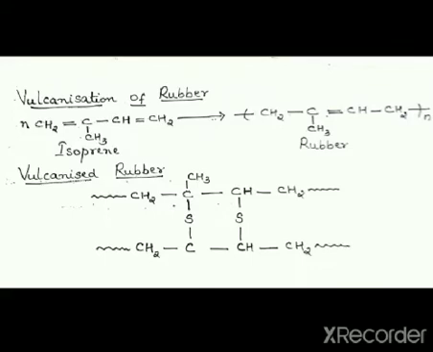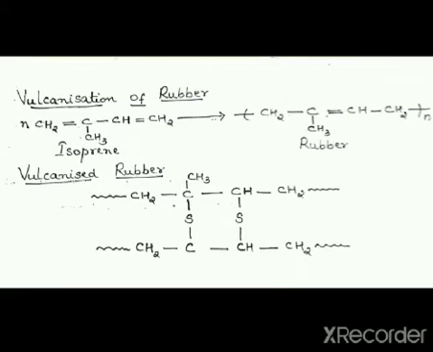What is vulcanized rubber? You know that rubber is obtained by the polymerization of isoprene. Natural rubber becomes soft at high temperature and brittle at low temperature. So to improve upon these physical properties, vulcanization is carried out. Now how to carry out vulcanization?